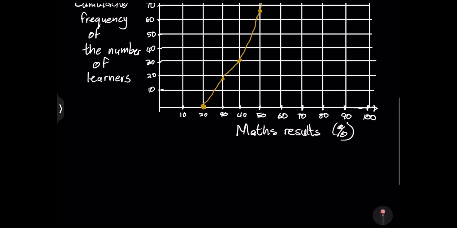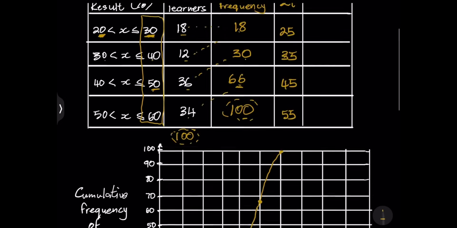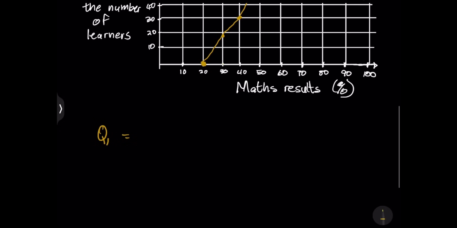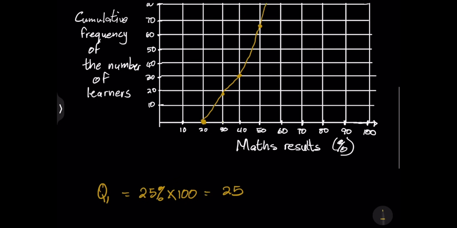Now, if I wanted to find quartile 1, what is quartile 1? That's 25% of your data, right? But 25% of what? Of the number of learners. So 25% multiplied by 100 would be 25. That is much easier for us to work with.